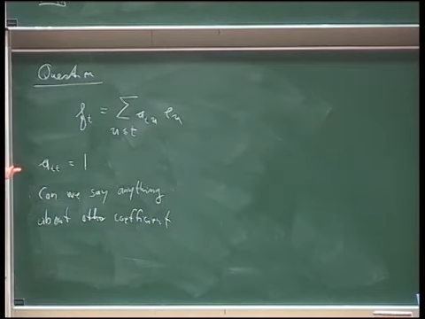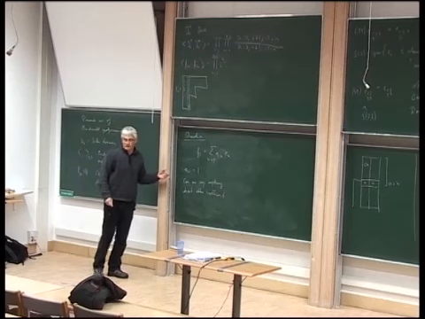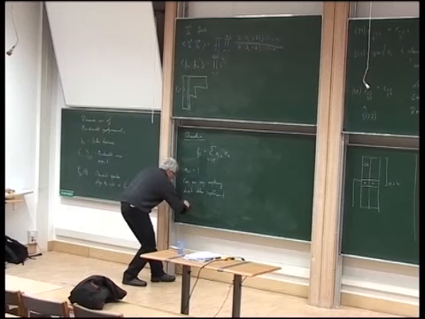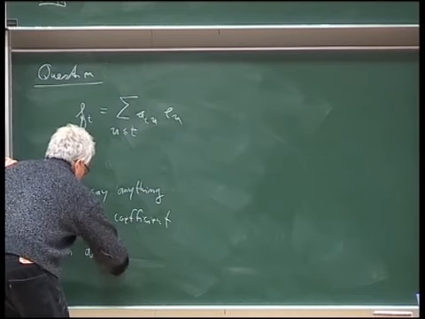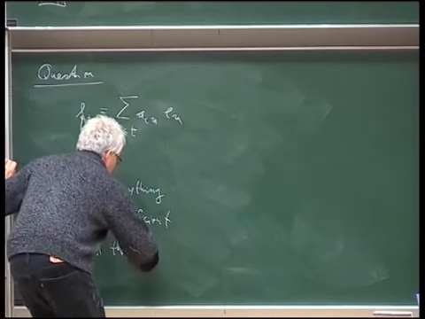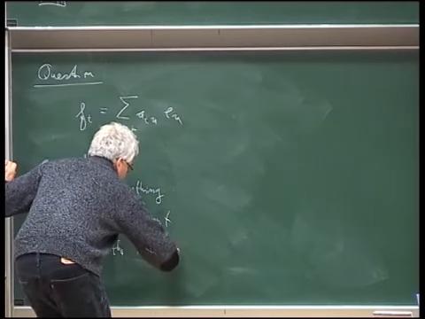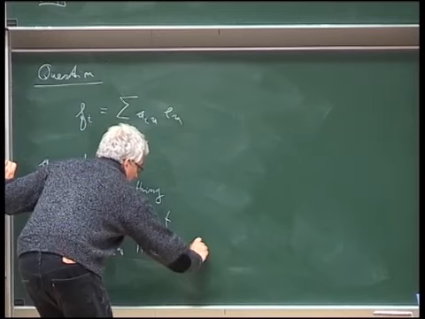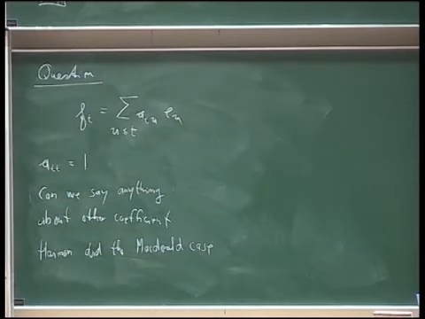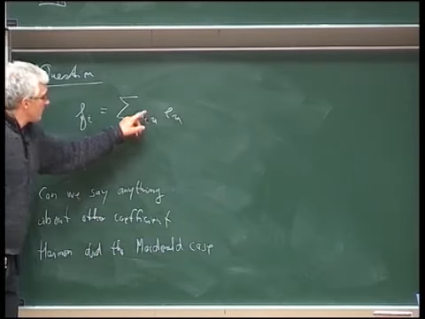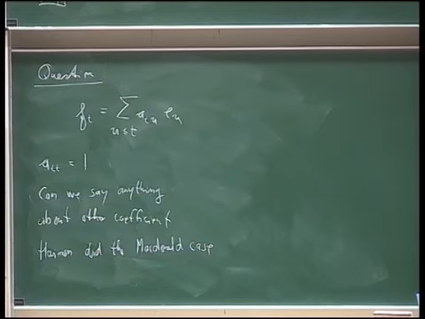This is the content of the work of Haiman. Haiman did the MacDonald case. He proved that there is positivity here. These are polynomials, of course, now in q and t, and he proved some positivity there.